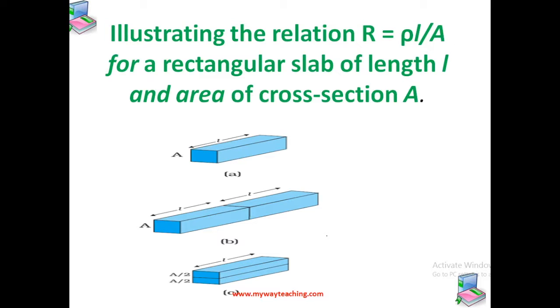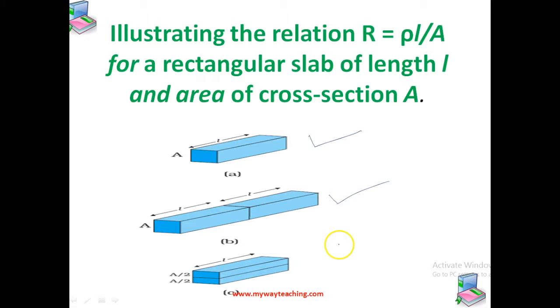Let us see. Consider a conductor in the form of a slab of length L and cross-sectional area A, as you can see in figure A. Imagine placing two such identical slabs side by side, so that the length of the combination becomes L plus L, 2L.